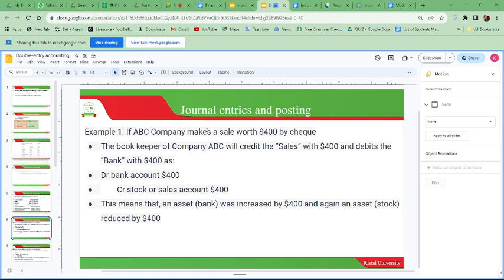All those are your goods that you're selling. That's why we call them stock. A stock is an example of an asset. That's why we credit stock, because it is decreasing. This means that an asset, bank, was increased by 400 USD, and again an asset, stock, reduced by 400 USD. So that is example 1.